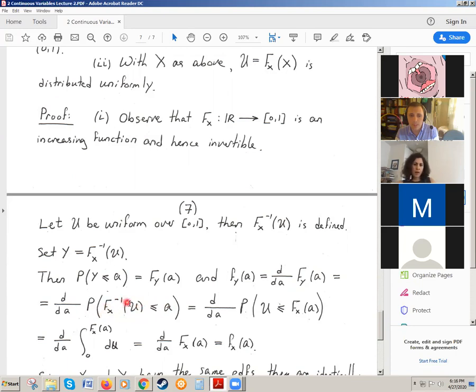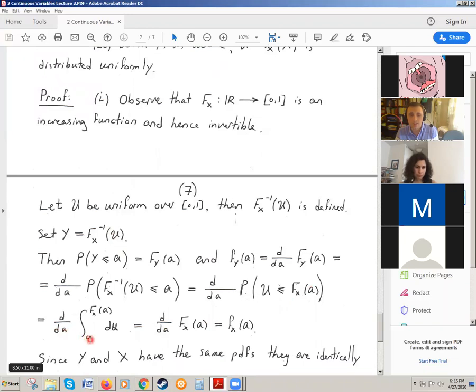But this probability is equivalent, right? The probability that this random variable is less than or equal to a is the same as the probability that u is less than f of a, right? So this is the same as u less than the cumulative distribution of x at a. And that will be the integral from 0 to this value of the density of u.